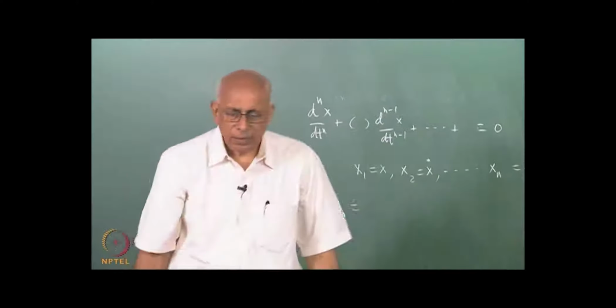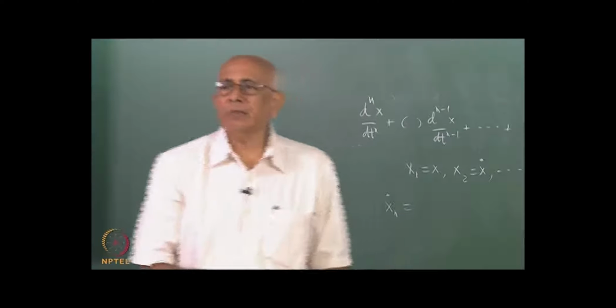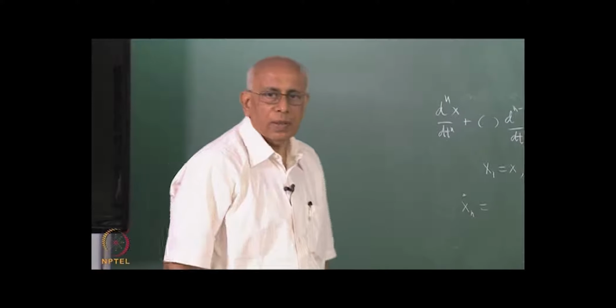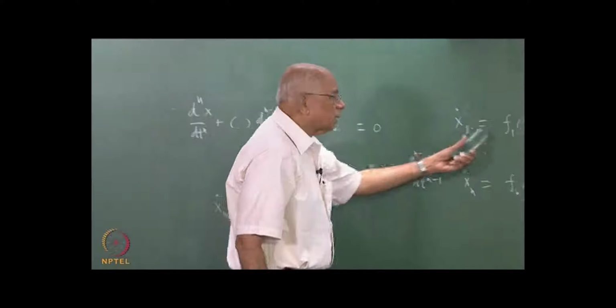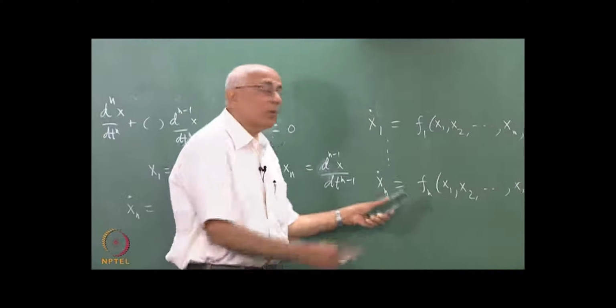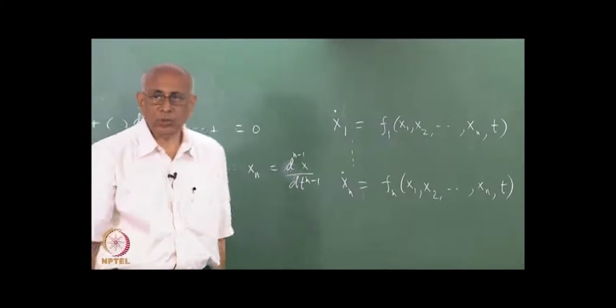So here is a single nth order differential equation which can be converted to a set of n first order coupled equations. But what I am trying to say is that the converse is not always true, but we are going to stick to this as our definition of a dynamical system, because clearly that is much more general.